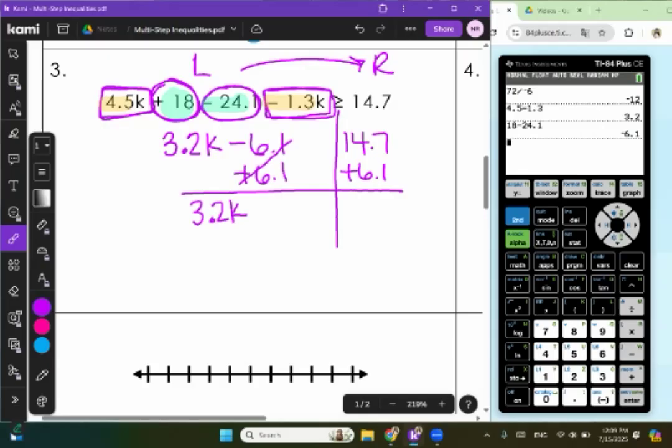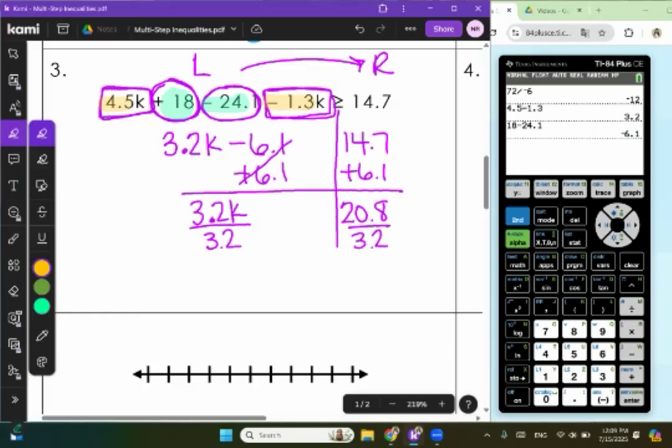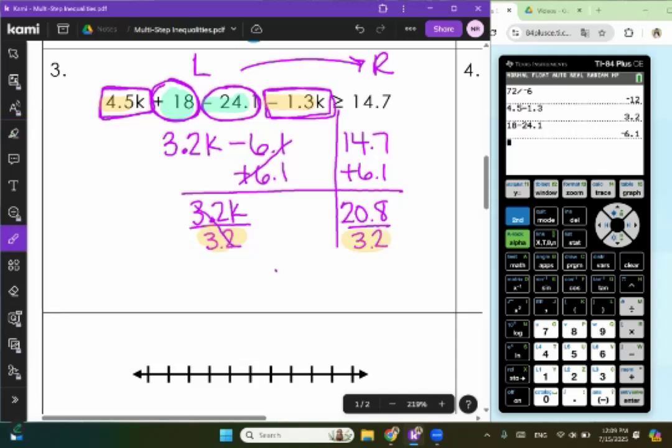Believe it or not, even with pregnancy brain, I think I can add this up: 20.8. And the last step is to divide. But we are dividing by a positive number. Because that number is positive, there is no need to flip the symbol at all. But they do cancel out. Greater than or equal to.